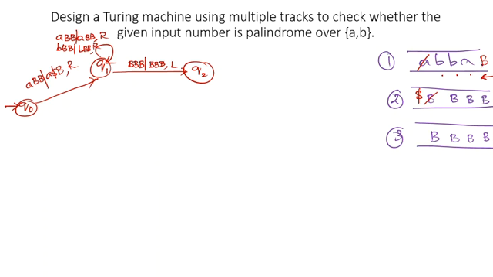Now you are in the left direction, and if you encounter A, B, B, change it to A, dollar, B and move in the left direction. So you will travel towards the left. Now I will be going to the next state, Q3. Now what happens is this A will become dollar.